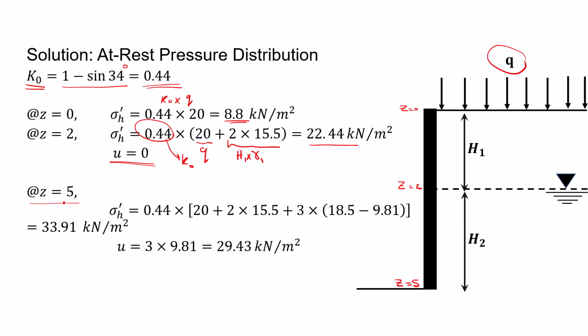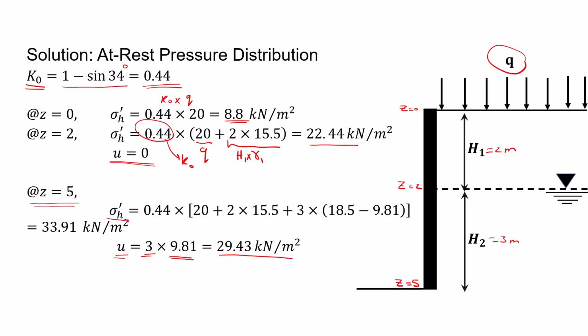At z equal to 5, we are now under the groundwater level. So U would be, this is 3 meters. This was 2 meters. So 3 times gamma water, 9.81, would be the hydrostatic pressure, 29.43 kilonewton per meter squared.